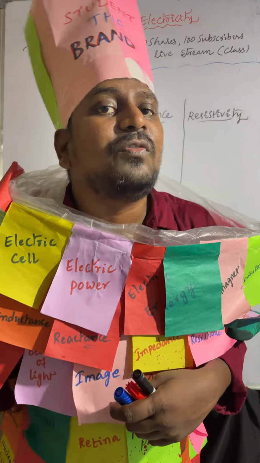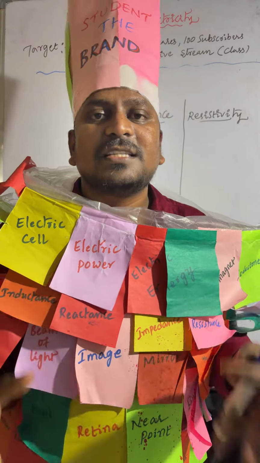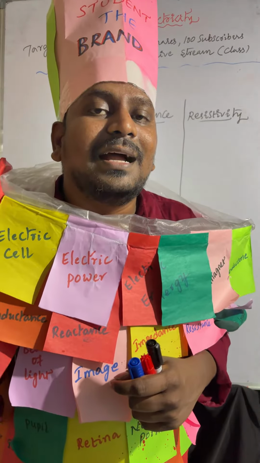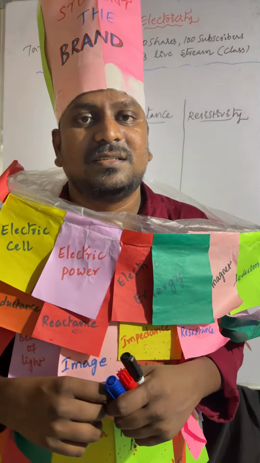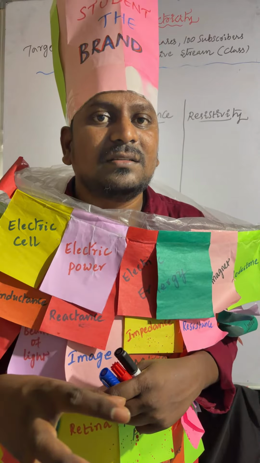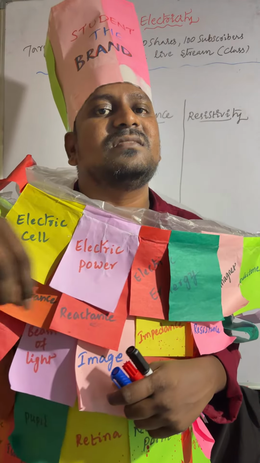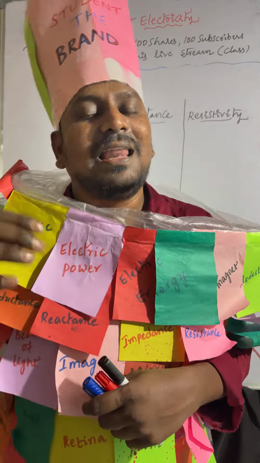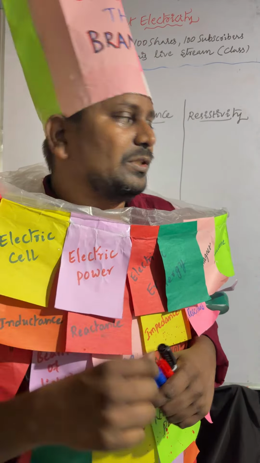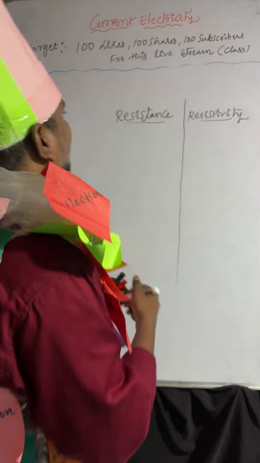The phenomenon, the process of opposing the electric current, that is called resistance. A device which is used to oppose the electric current in an electric circuit is called a resistor. Understood or not?